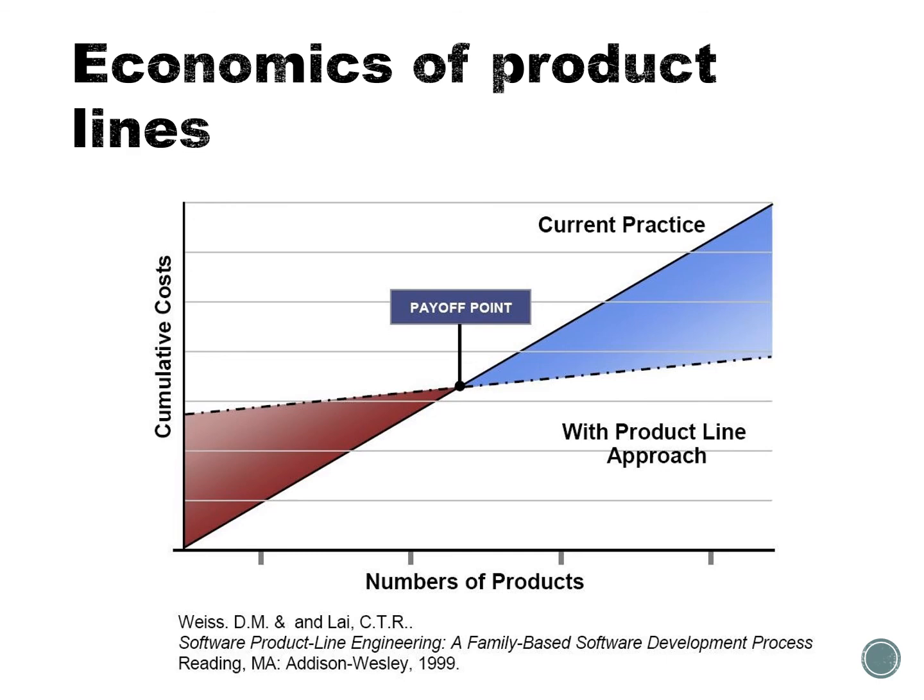But considering that you save time, you save money, you save effort on quality assurance and testing work when you know that certain part of your product already works well and doesn't have surprises in it, you will have a payoff point somewhere, especially considering that if you need to make everything from scratch.